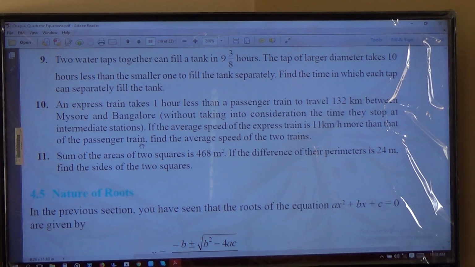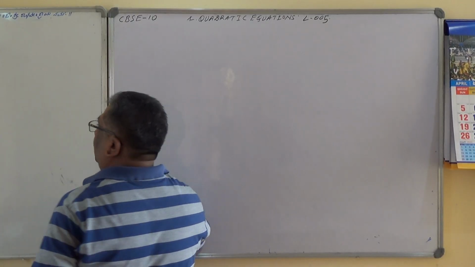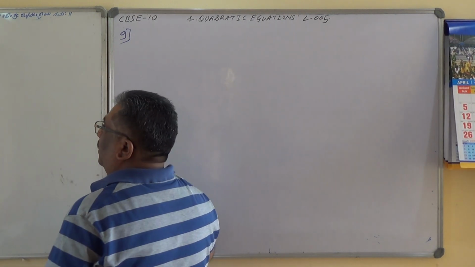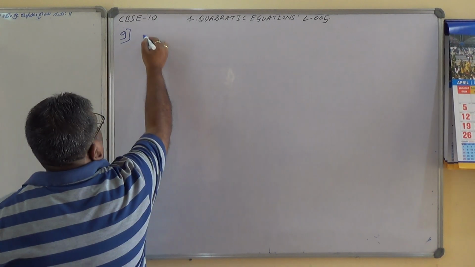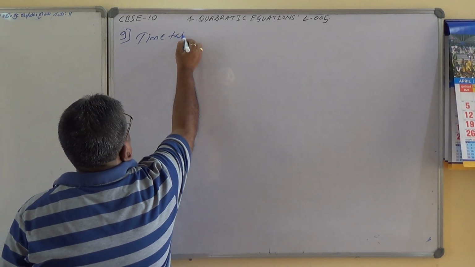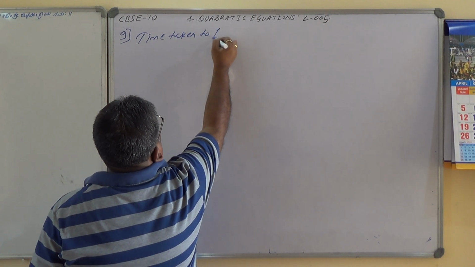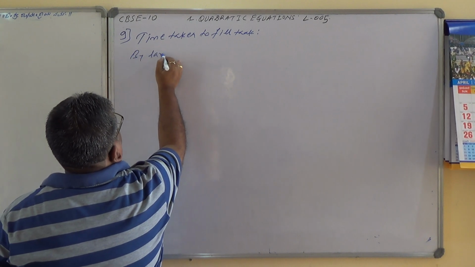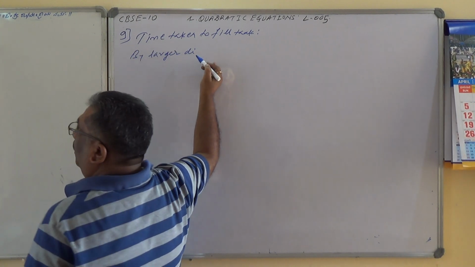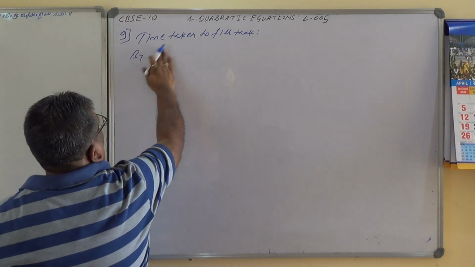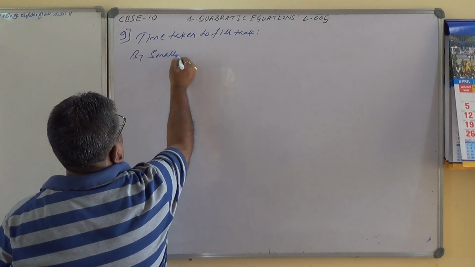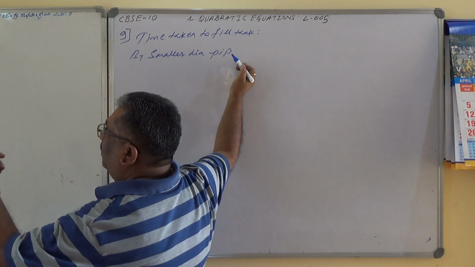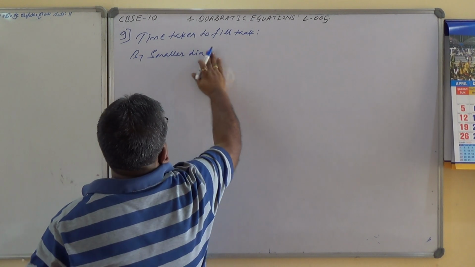Okay, let us solve this one, the 9th one, the tap problem. I have already solved this, but once again let me take it. First I will take the smaller diameter tap.